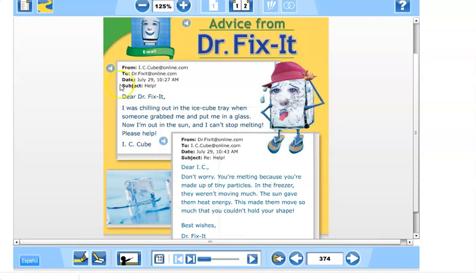Another part of the header here is you can see the date and time in which the letter was actually sent. That would be July 29th, and we separate the day and the time at 10:27 a.m. And we know a.m. stands for morning from midnight until noon. And then we have the subject. icube@online.com is asking for help.